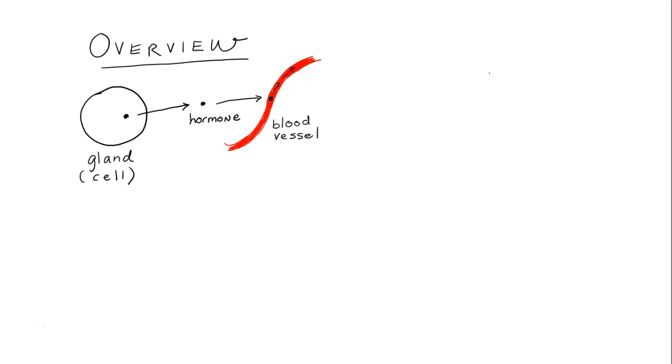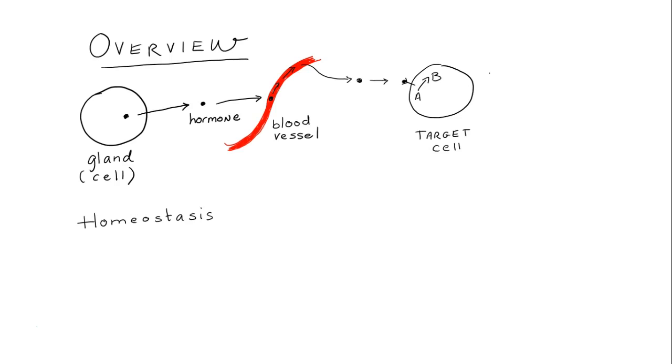And at the target cell, it carries out or initiates a series of reactions on the part of the target cell in response to changing conditions in the body. And so by the hormone's actions on the target cell, it maintains homeostasis. Homeostasis is the maintenance of a steady state, a stable state, in the body.